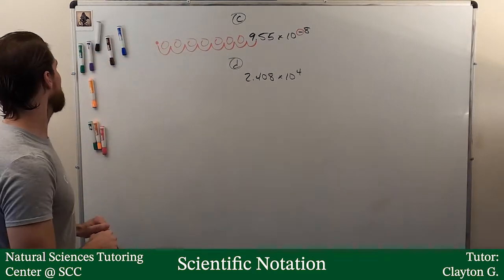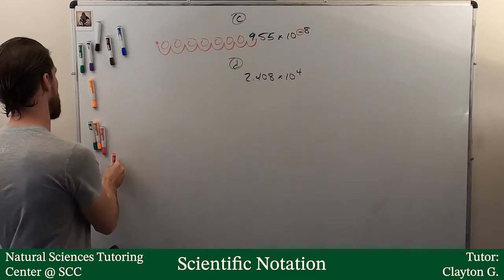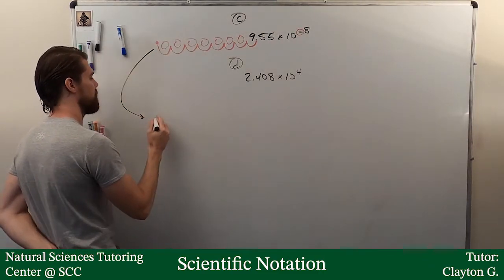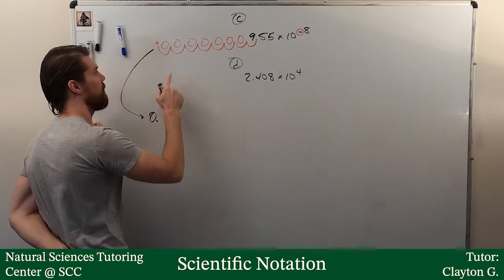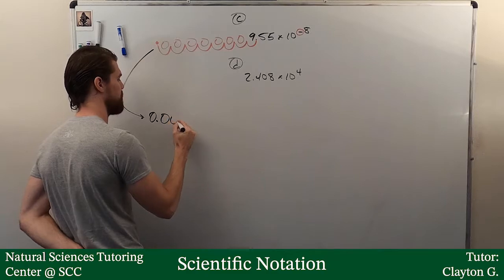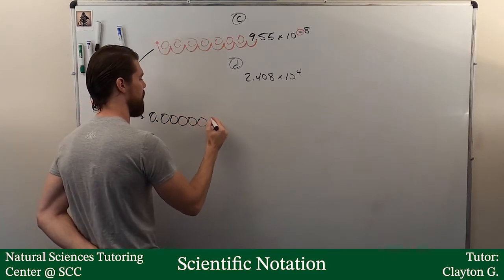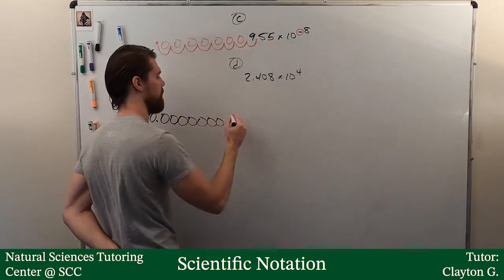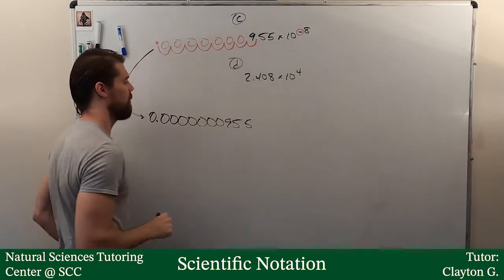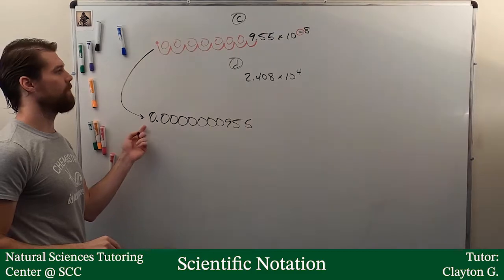There we go. So our answer is, I'm going to write it down below here. So I have 0.0000000 with 7 zeros, and then 955. There we go. That's the answer for letter C.